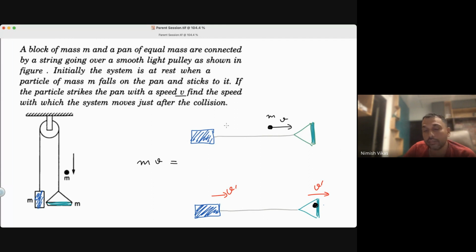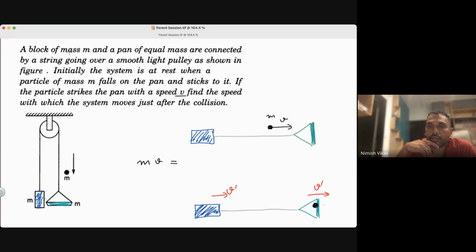No, it can get an impulse and come with some other higher velocity due to some elasticity in the string. So we'll consider certain theoretical strings such that if this is going with v dash velocity, this also goes with v dash velocity. That is what all entrance exams are using, particularly Indian entrance exams.